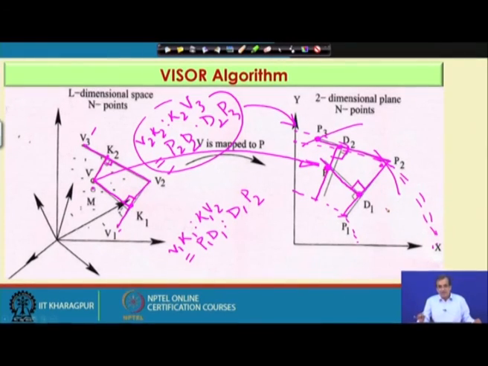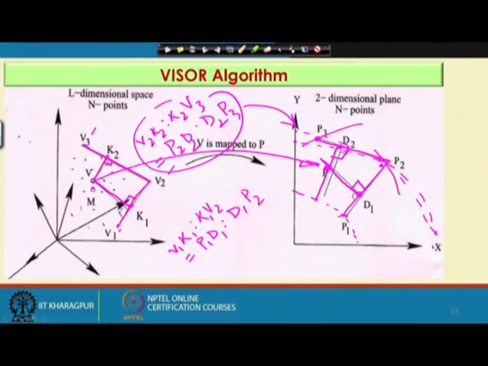The remaining N minus 4 data points are to be mapped following the principle I discussed for mapping the point V to point P. We follow this principle for the remaining data points, so that all the capital N data points in L dimensional space can be mapped to N data points on 2D plane. So, this is the way we do the mapping approximately using the principle of the Bezier algorithm.